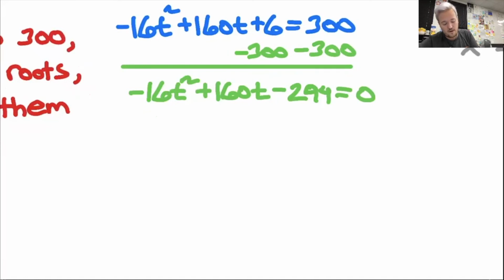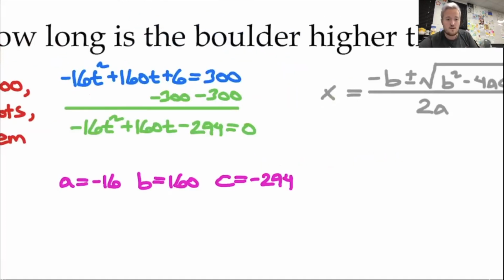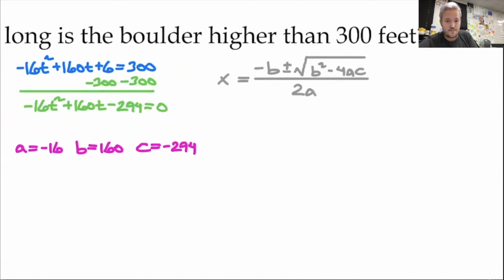All right, now I have to find the new a, b, and c values. So a is negative 16. B is 160. And c is negative 294. All right, so now we're going to plug these values into the quadratic formula.